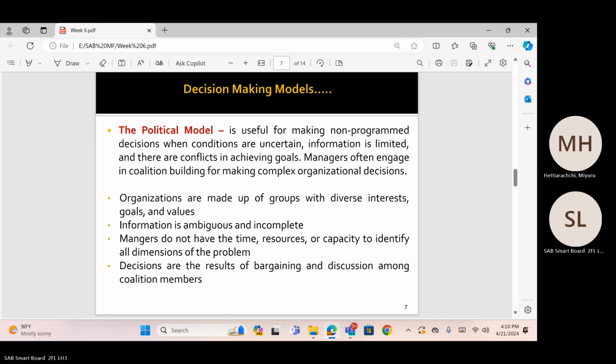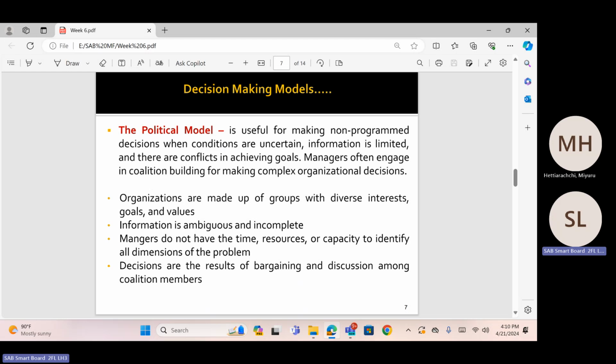Because in the political model, the matter should be discussed in cross-sectional teams, several times in the same teams. Sometimes there can be open discussion by managers in both companies, not together, in signing the MBO agreements. There should be agreements, right?